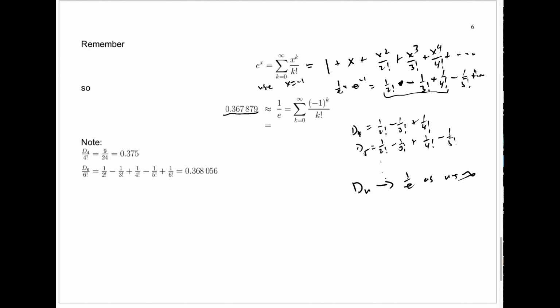The actual sizes of the partial sums go down and then up and then down and then up, etc., because of the alternating nature of this series.